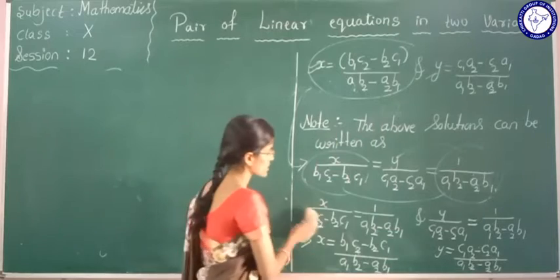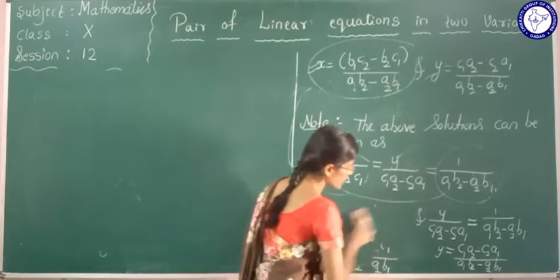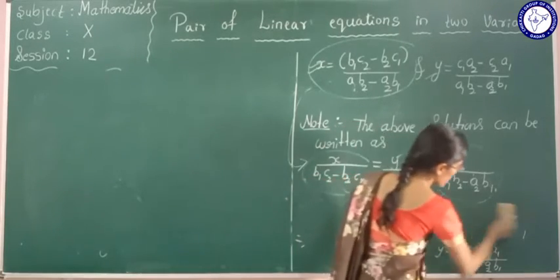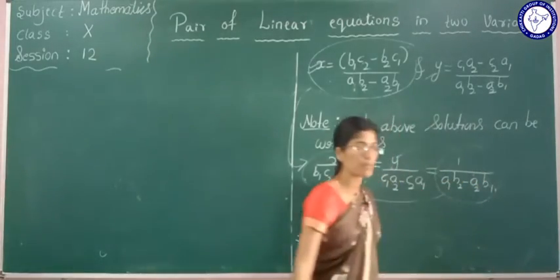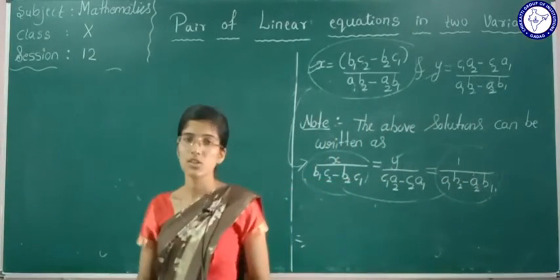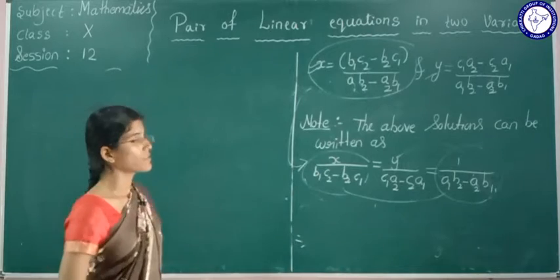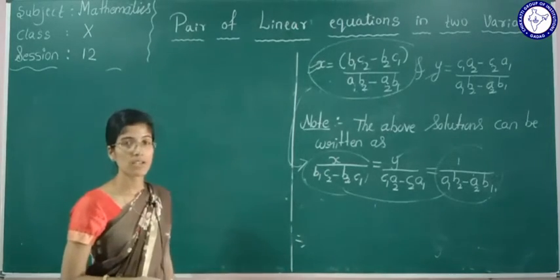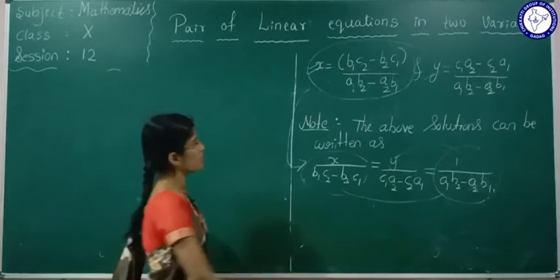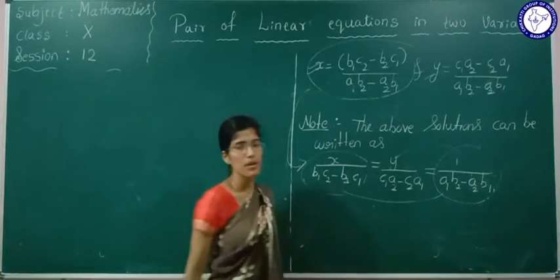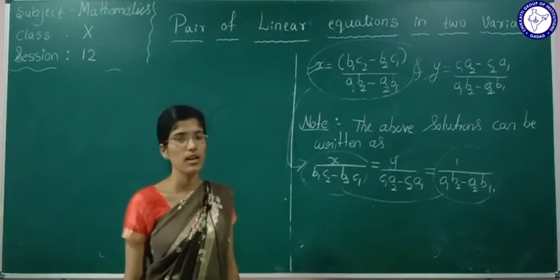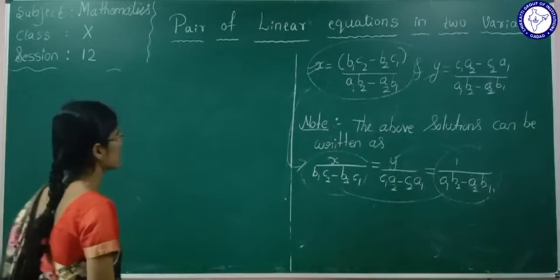Now see here students, it's a very tedious job to remember the solution of a pair of linear equations. Yes or no? Now for this one, an easy trick is this. Now see how to remember the solution of a pair of linear equations. Okay, for this I will tell one easy hint here.